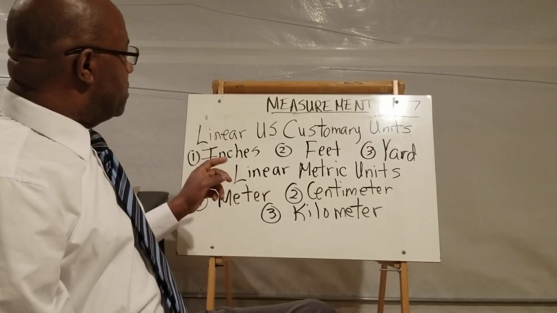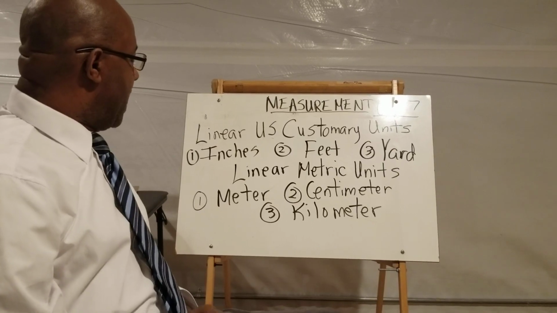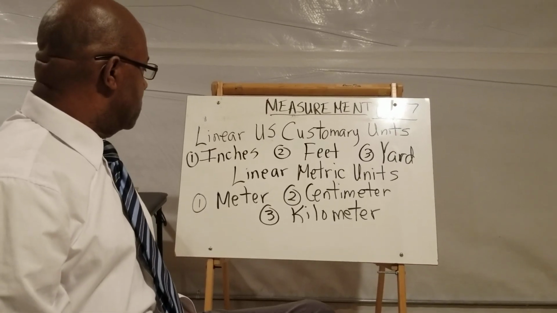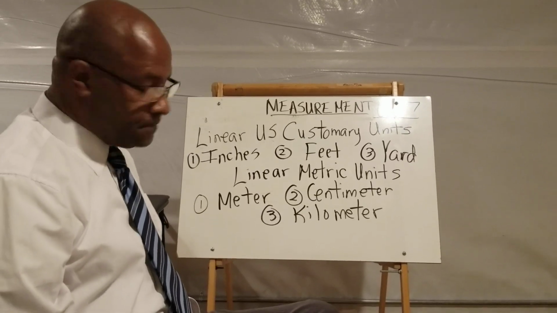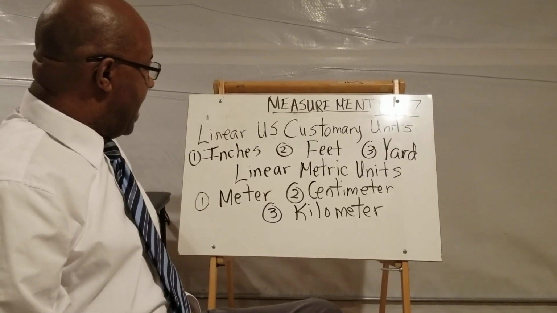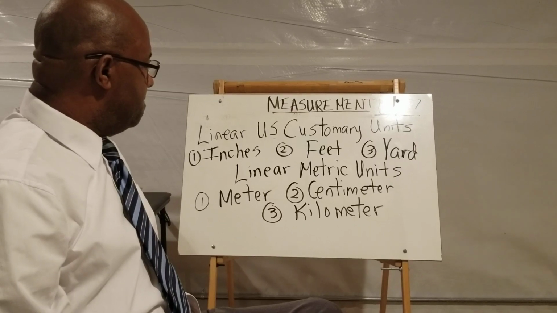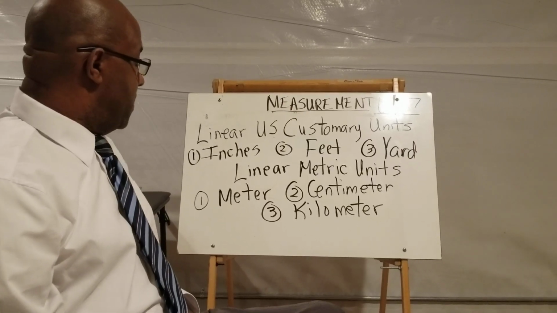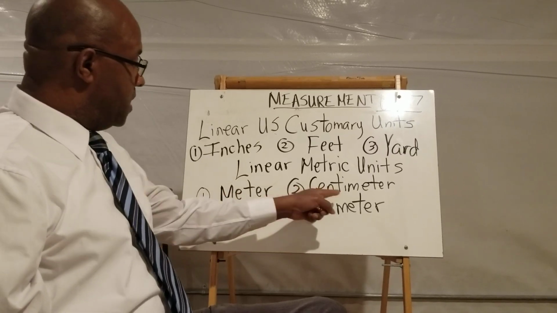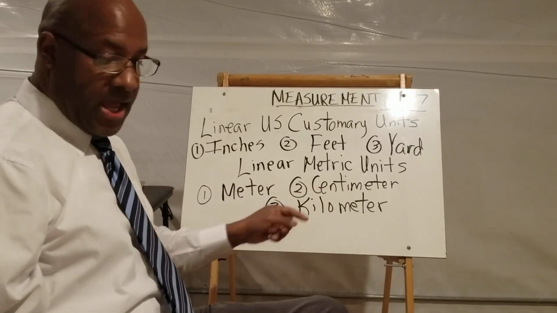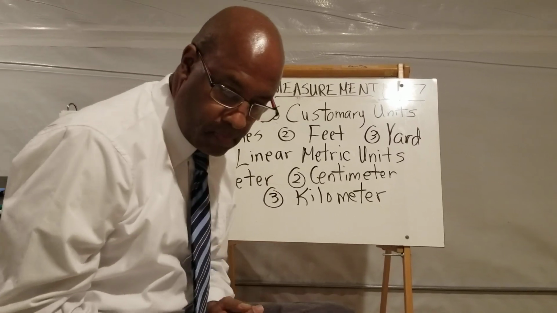We have linear U.S. customary units, and those vocabulary words, boys and girls, are inches, feet, and yard. Then we have what's called linear metric units, and those vocabulary words are meter, centimeter, and kilometer.